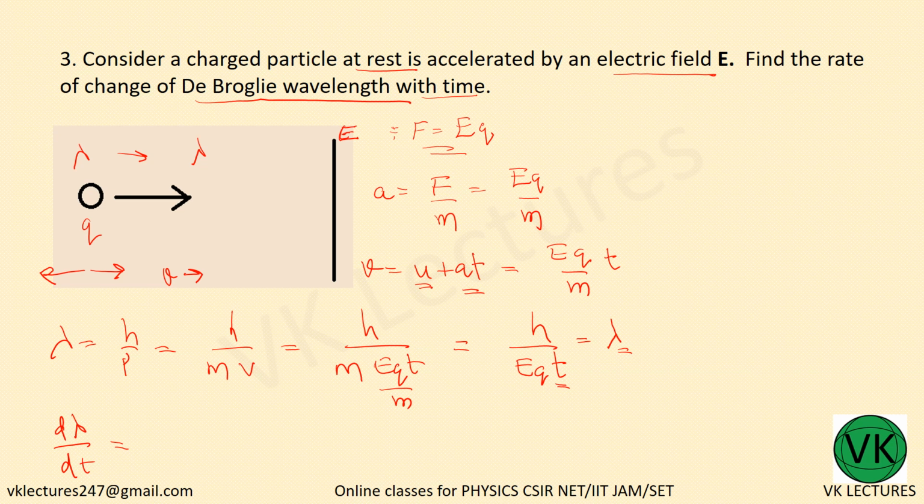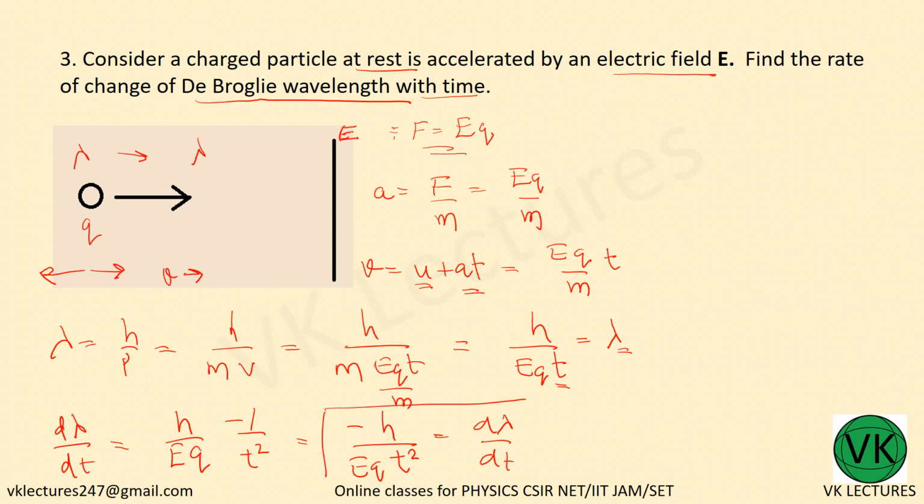Now here we can write h, e and q are constants, so h divided by eq. The derivative of 1 by t is nothing but minus 1 divided by t square. So that is equal to minus h divided by eq t squared. So this is d lambda by dt, and this is the required answer.